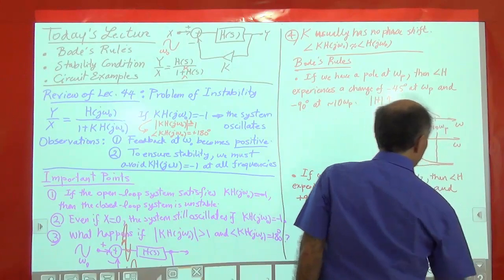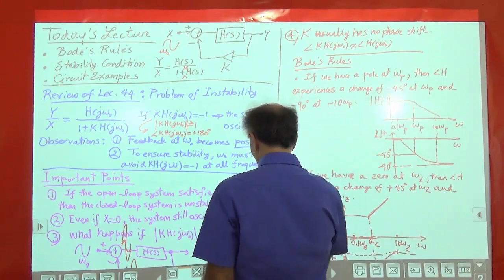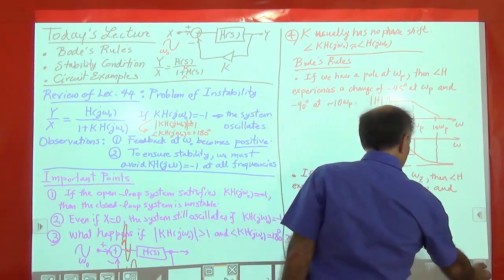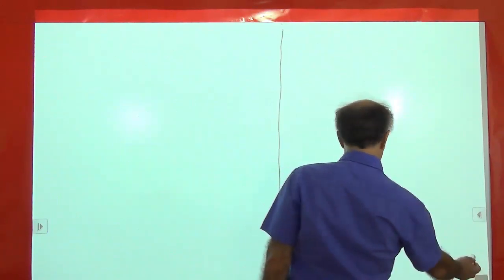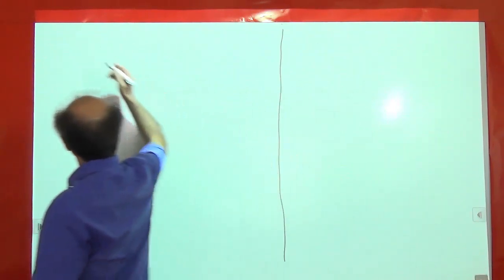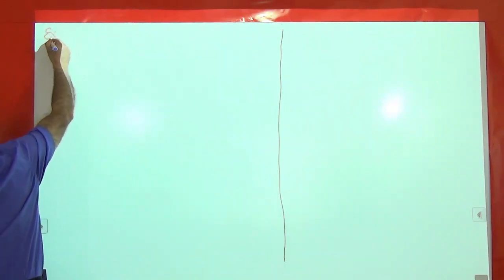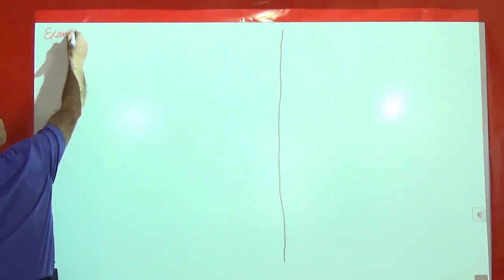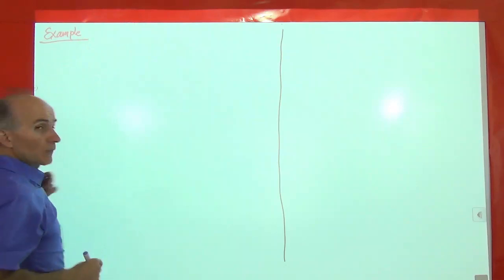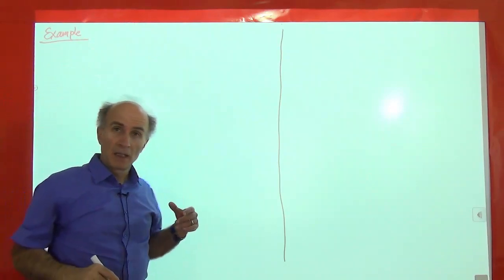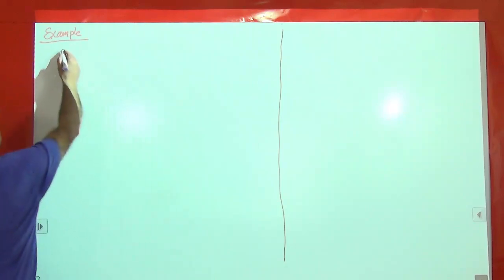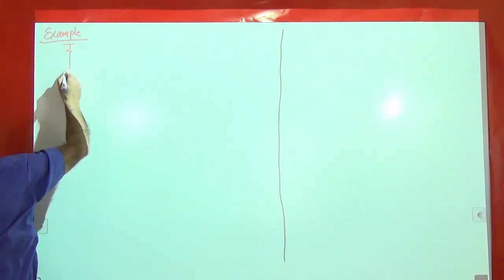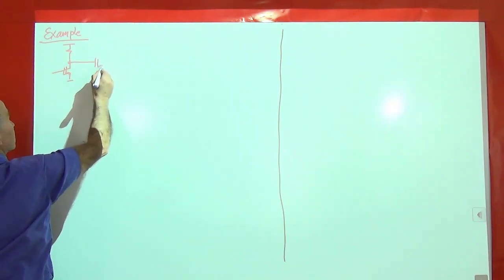Okay, so let's go to the next page and look at some examples of how we construct Bode plots for different systems. So here's an example. Suppose I have a two-stage amplifier, just like this, a simple common source stages.